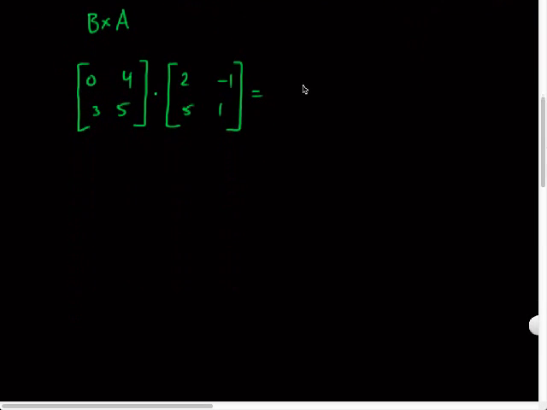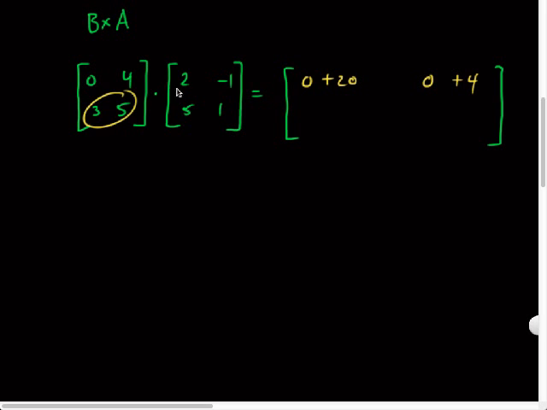Let's see. Well, let's see what happens. So let's see, first row, first column, first row, first column. 0 times 2 is 0, 4 times 5 is 20. Uh-oh. Let's see, first row, second column would be first row, second column. So that's going to be 0 plus 4.